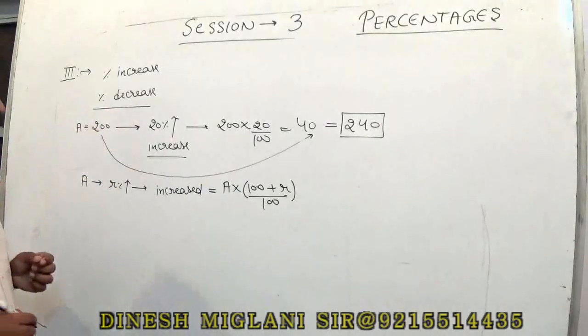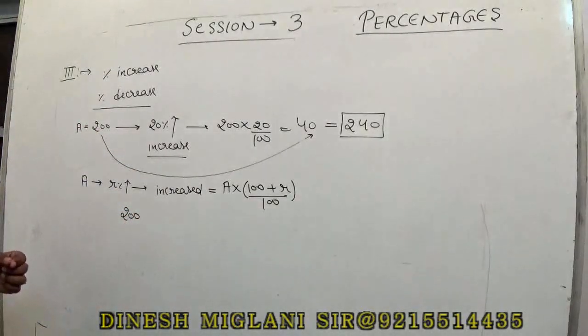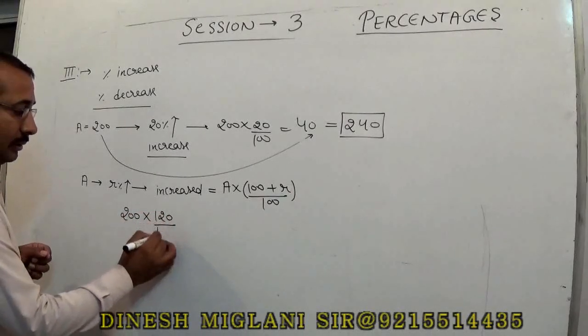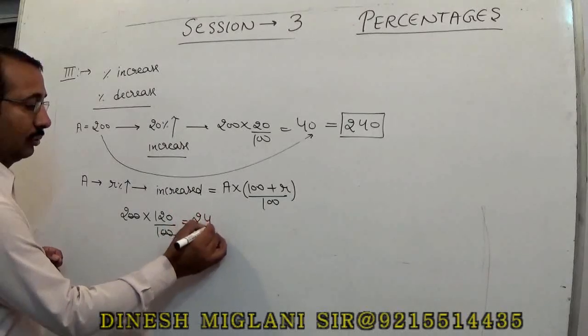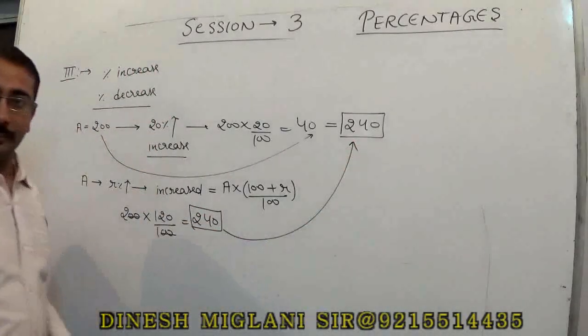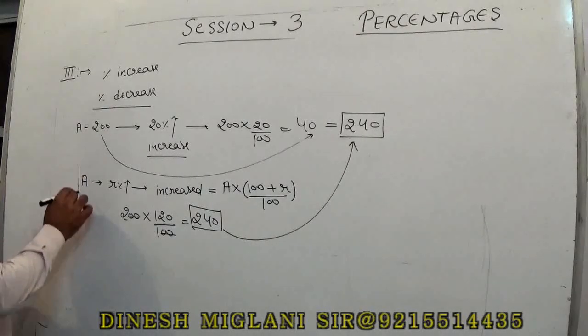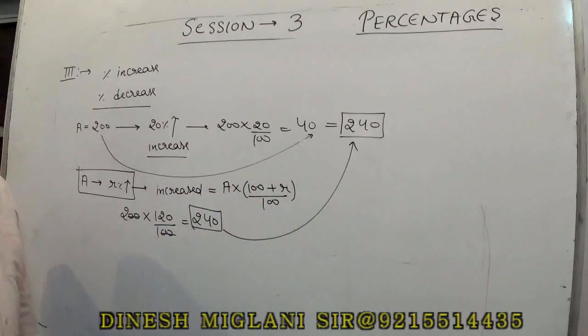In this question, you have to increase the number by 20%. You simply make it as 200 into 120 divided by 100. It will go to 120 into 2. Answer is 240. That is the answer. I hope the concept is clear. If there is an increase, we apply A into (100 plus R) divided by 100.